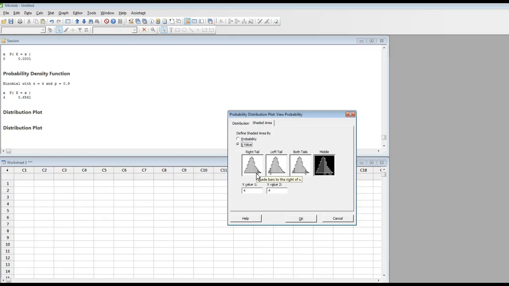When we say greater than 2, that means anything larger than 2, which gives me 3 and greater. So I'm going to be using the right tail in this case, and the value will be 3. This is the exact translation of anything greater than 2.